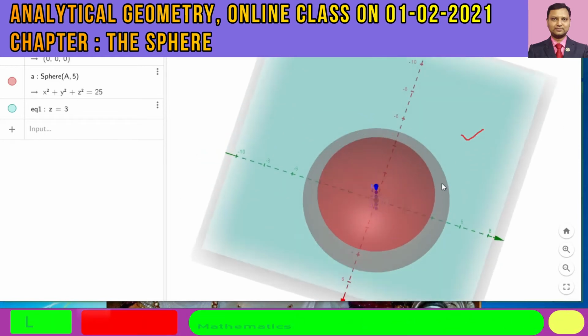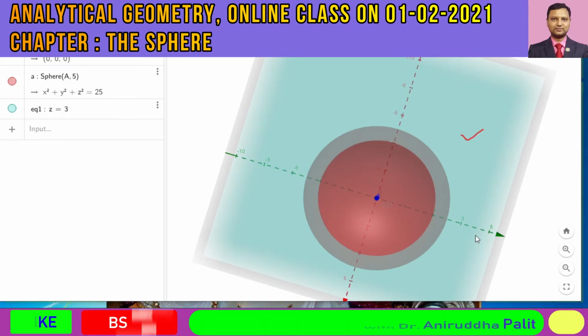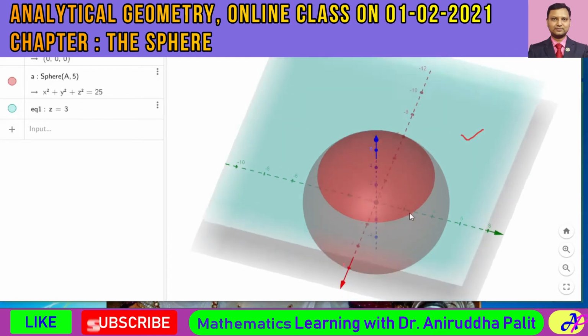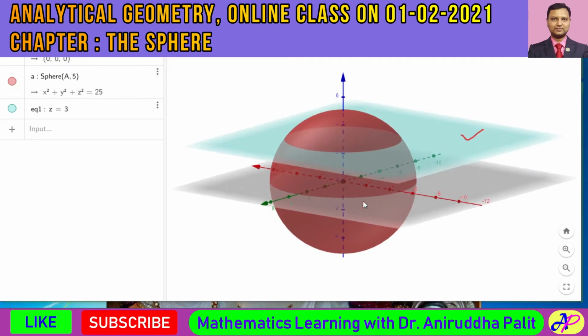That section would be clear if you consider this kind of view. So the equation of this kind of circle has to be found.